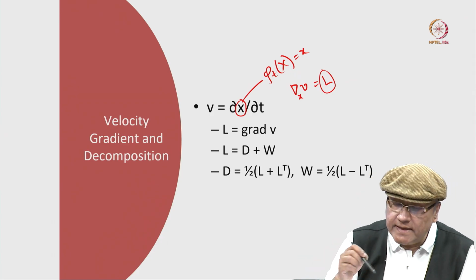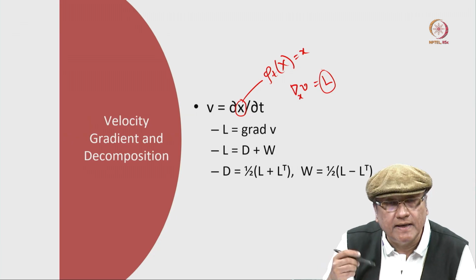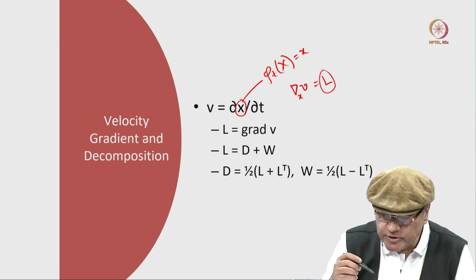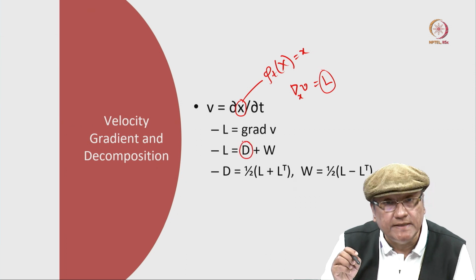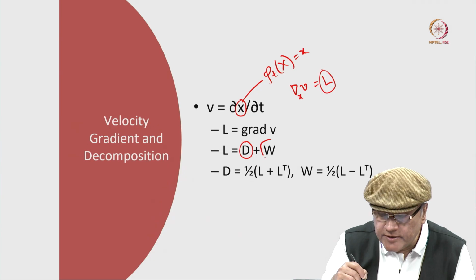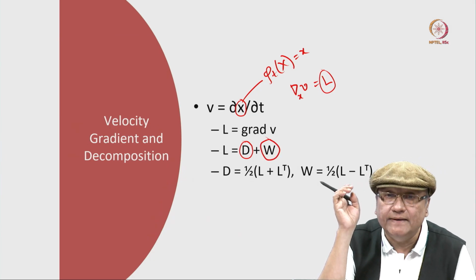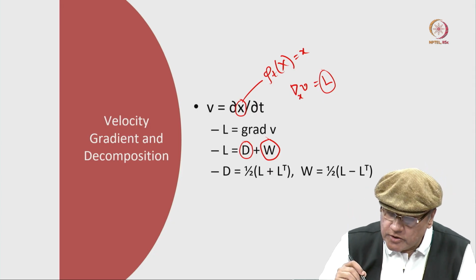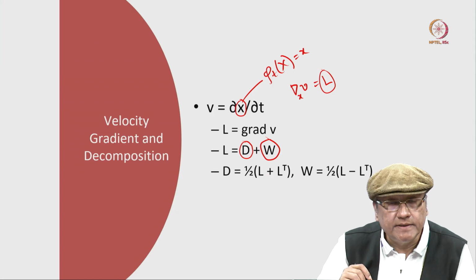Now like any 3 by 3 matrix, it has a unique decomposition into its symmetric part, which is called the rate of deformation D, and an anti-symmetric or skew symmetric part, which is called the spin. So W is called the spin, it is skew symmetric, and D is the rate of deformation, it is symmetric.